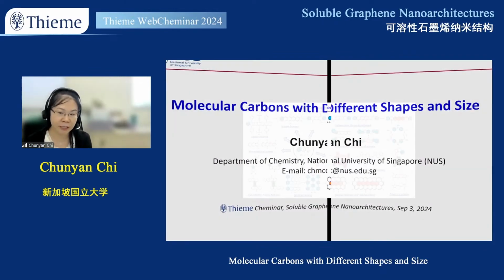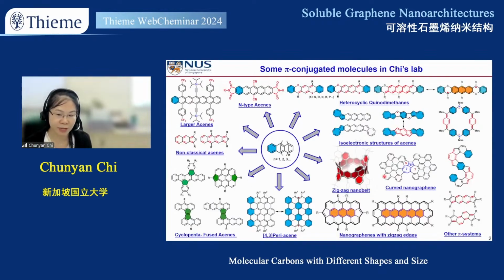When I started my independent work, we first focused on acene-based molecules and materials. From the acene building block, we made n-type acenes by attaching electron-withdrawing groups. Such molecules have a low LUMO energy level and can be used as n-type semiconductors for organic electronics.